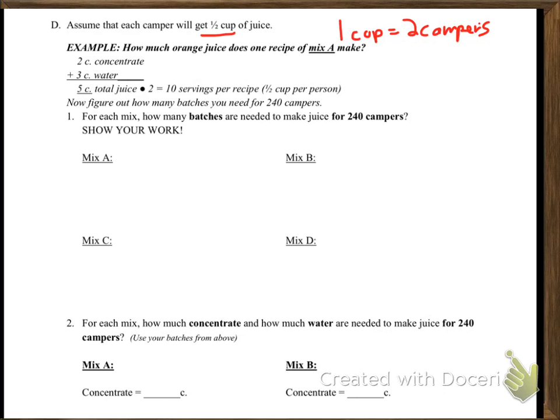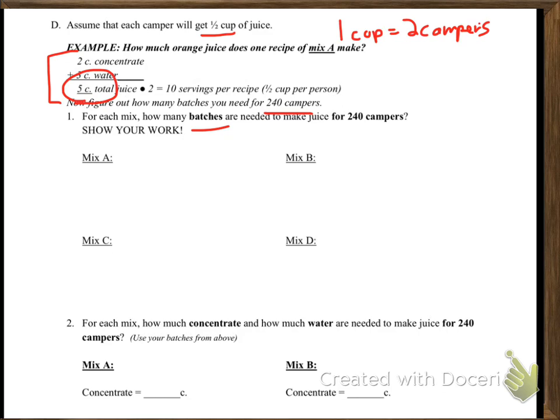We want to know how many total batches of each mix we are going to need to make for all of our campers. They gave us a hint here: if we take the water plus the concentrate, we get the total amount of juice, and then we need to figure out how many batches will give us 200 campers. So, let's go ahead and figure this out.